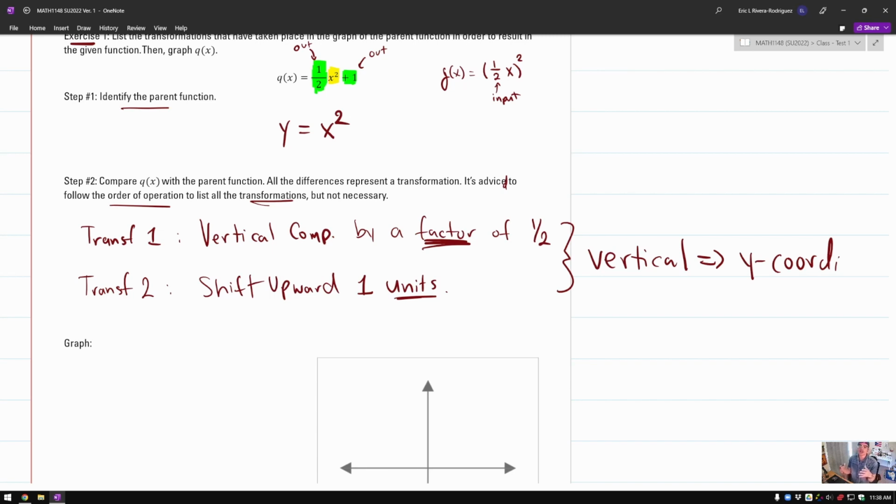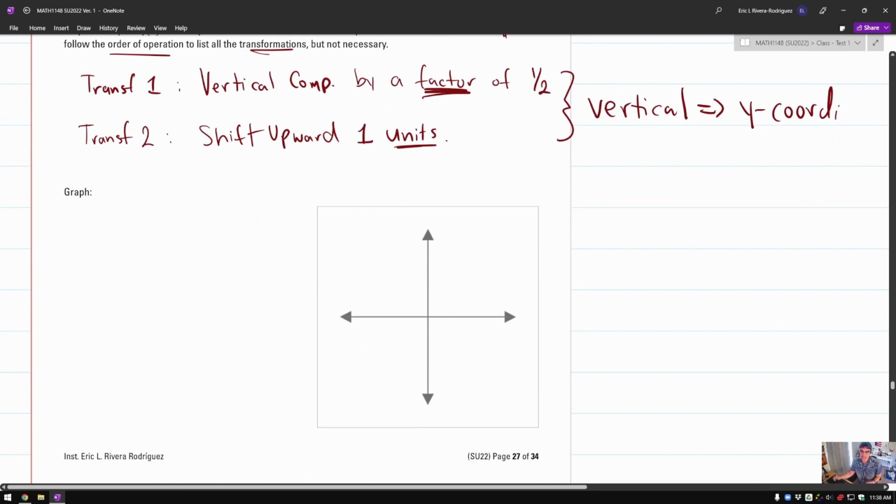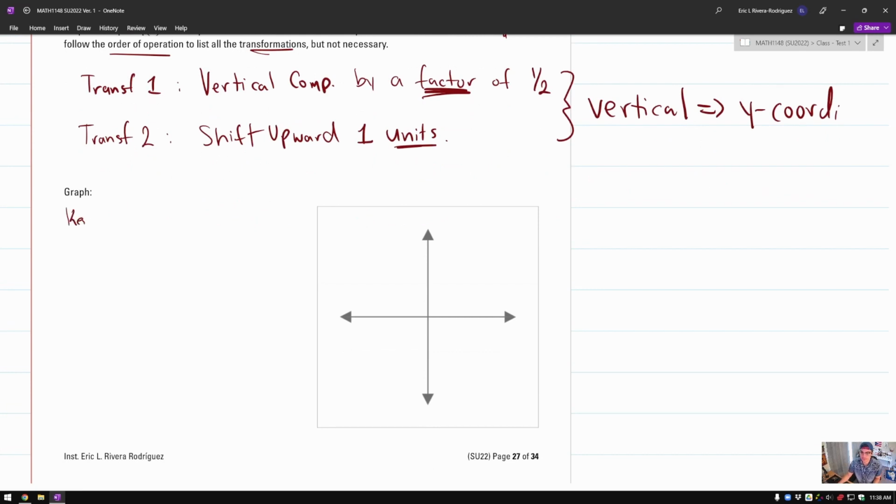The key points are those points that will help us to trace the curve or the shape of that function. So I know that the key points of y equals x squared are (-1, 1), (0, 0), and (1, 1).